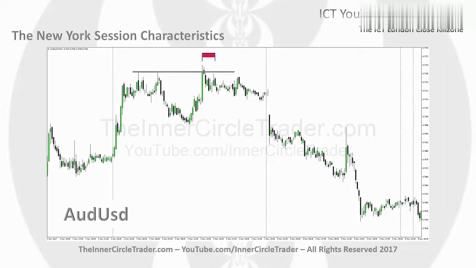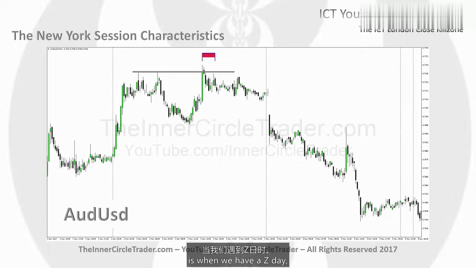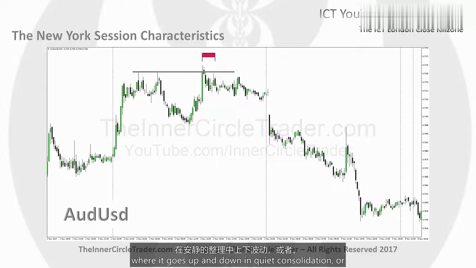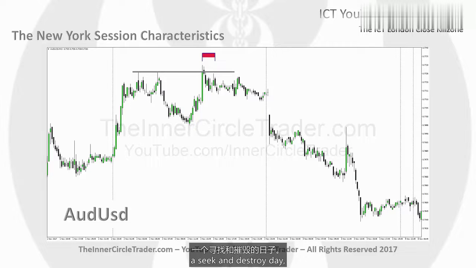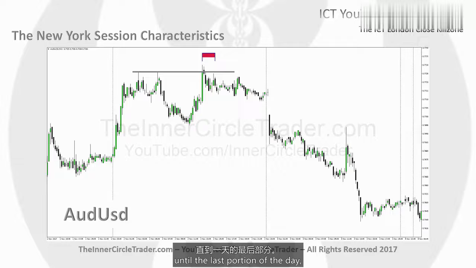The times you're going to be unfruitful using this information is when we have a Z day, where it goes up and down in quiet consolidation, or a seek and destroy day, which is a really wild, choppy up and down day where it doesn't really go anywhere until the last portion of the day, and then it runs out the stops and no one saw coming.